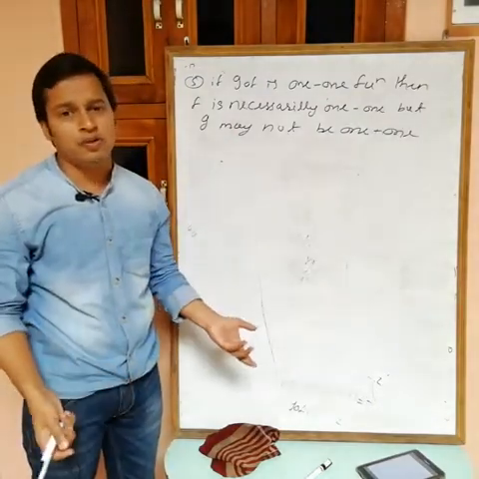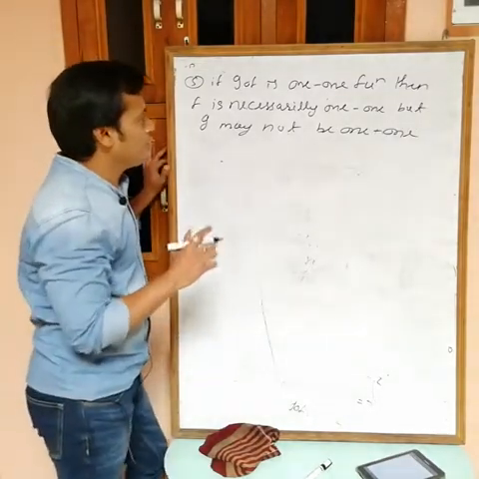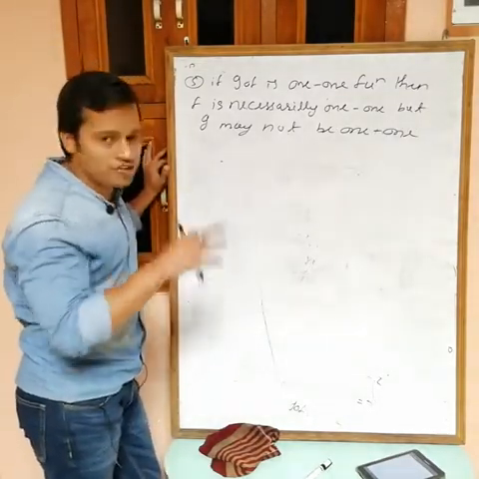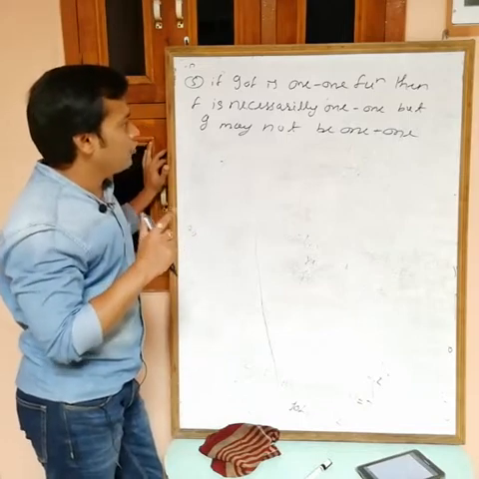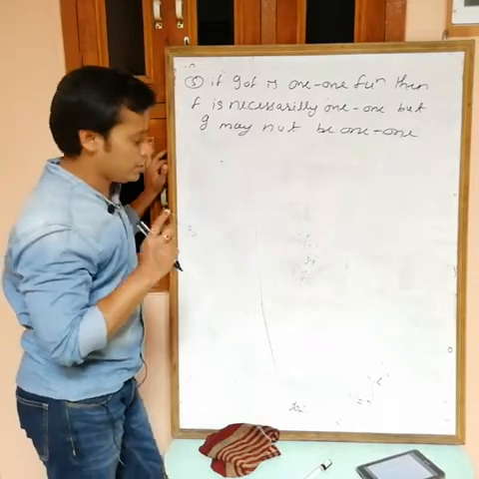So to prove this, I want an example such that gof is 1-1 and f is 1-1, but g is not 1-1.